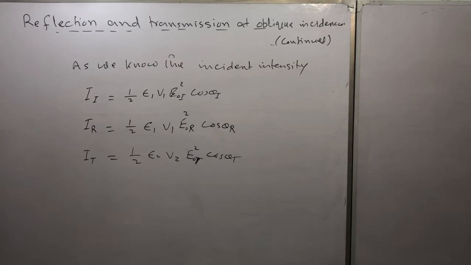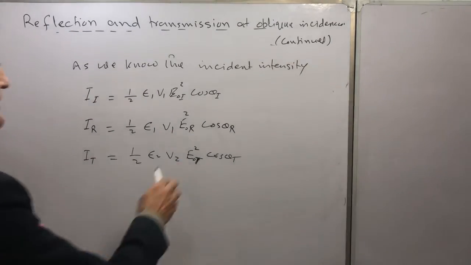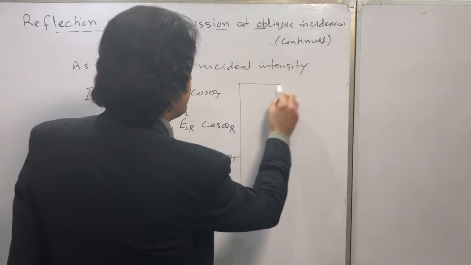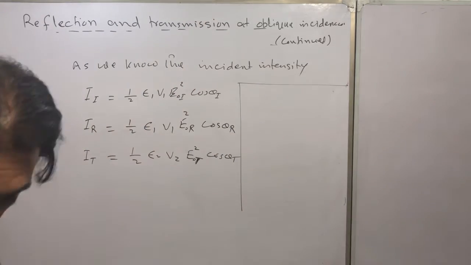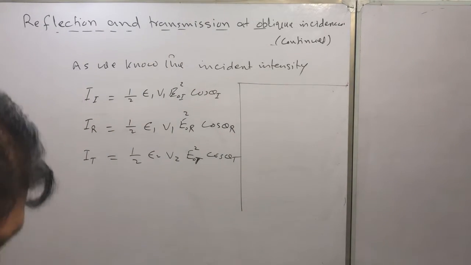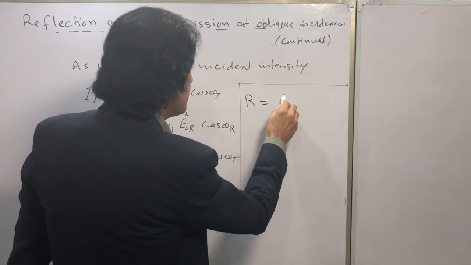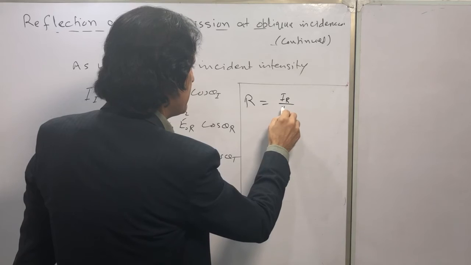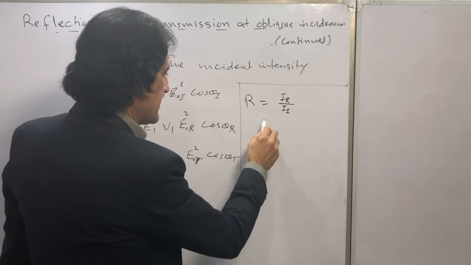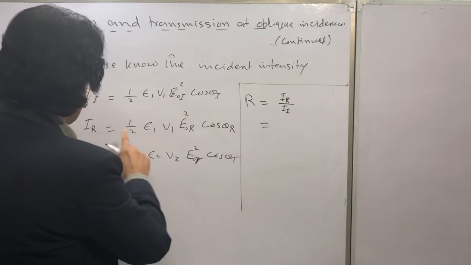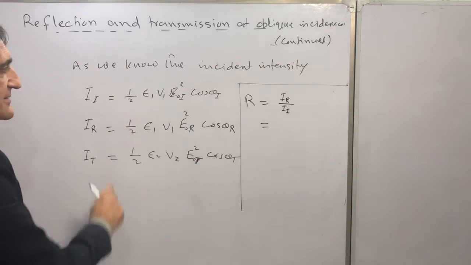Now to calculate the reflection and transmission coefficients for parallel polarization, using these relations, we can find out the reflection and transmission coefficient. So R is equal to IR divided by II. So this is very easy. We have this and this.